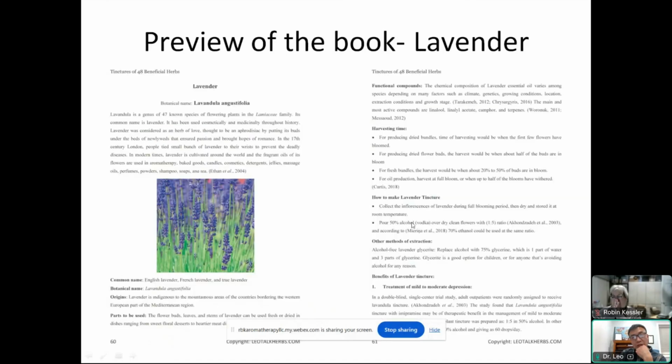For example, here you can see the parts to use for the infusion, the functional compounds, when to harvest for the best outcome, how to make the tincture, the ratio of dry or fresh, and the research backing the benefits of the herb.